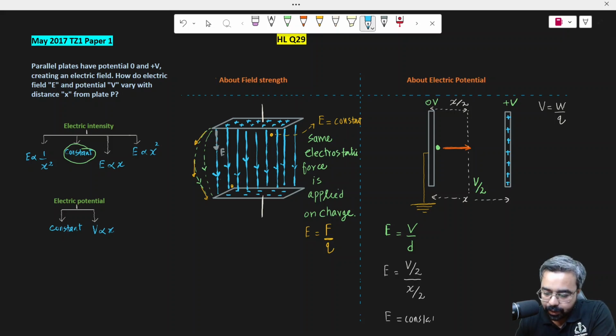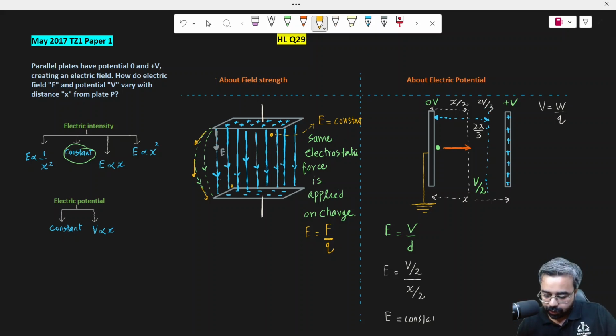So you can take any point. If I draw another equipotential surface at that point, the distance from this to this point is 2x/3, meaning 2/3 of that. So the potential will be equal to 2V/3. Once again, if you take a ratio, it will remain the same.